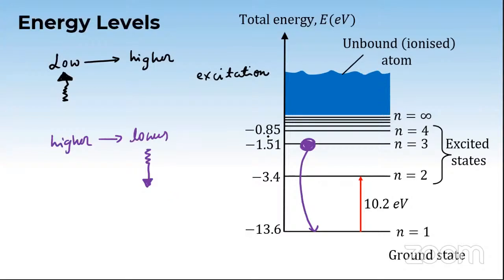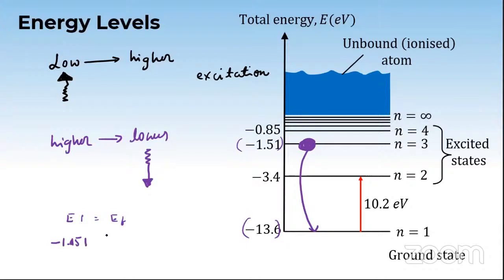If you notice, here it is 1.5, here it is 13.6. So what will be the energy? Again, we'll use energy conservation: energy initial will be equal to energy final. Initially, this electron had an energy of minus 1.5 electron volt.